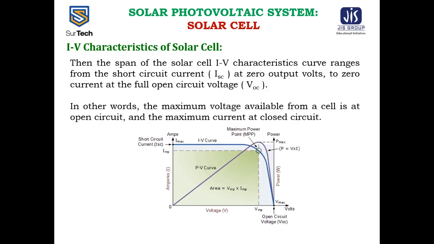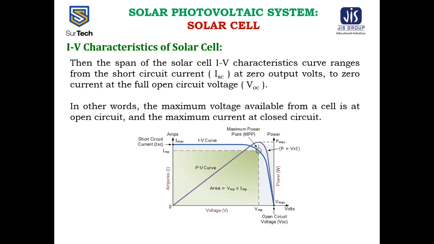Then the span of the solar cell IV characteristics curve ranges from the short circuit current at 0 output volt to the 0 current at the full open circuit VOC. In other words, the maximum voltage available from a cell is at open circuit and the maximum current at closed circuit.